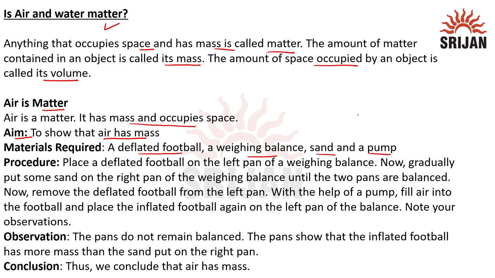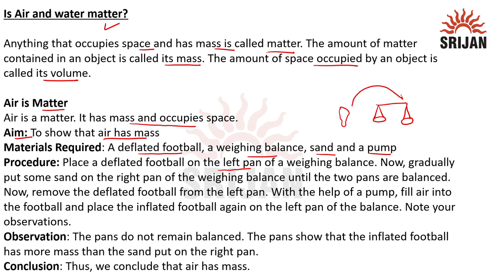So here in this activity, we will need a deflated football like this and a weighing balance that has two ends to weigh the deflated and the inflated football. The procedure will be: place a deflated football on the left pan of a weighing machine.